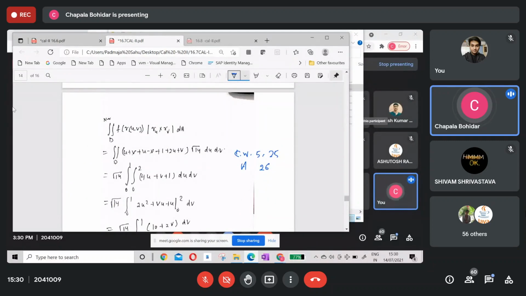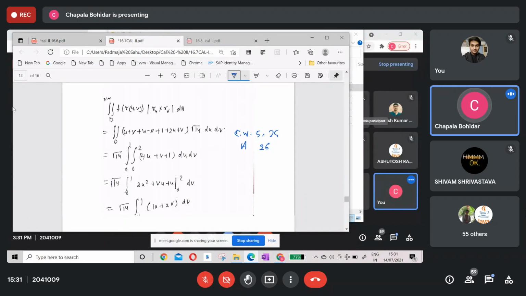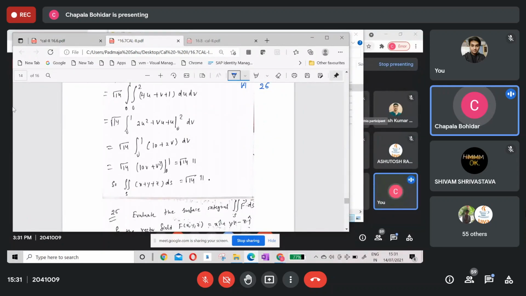By substituting, the v terms cancel out, and the magnitude of r_u cross r_v is root 40, with du dv. Now we can solve, where u lies from 0 to 2 and v lies from 0 to 1. According to that, the integral value is 11 root 14.